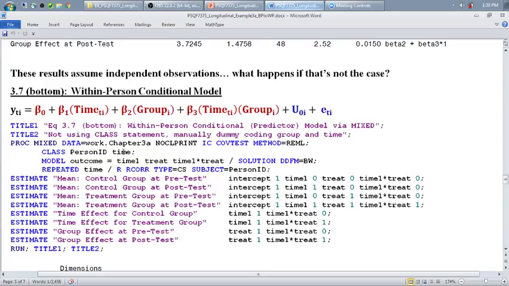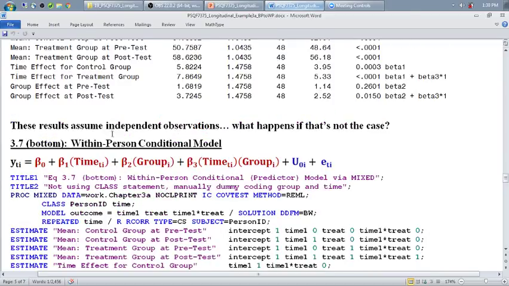I'm confused because when we look at the point estimates for the fixed effects, the between person model actually has more degrees of freedom than the within person. It has more information than the within person conditional model. Is that correct? Because we assume that we have actually more people than the within person conditional model.